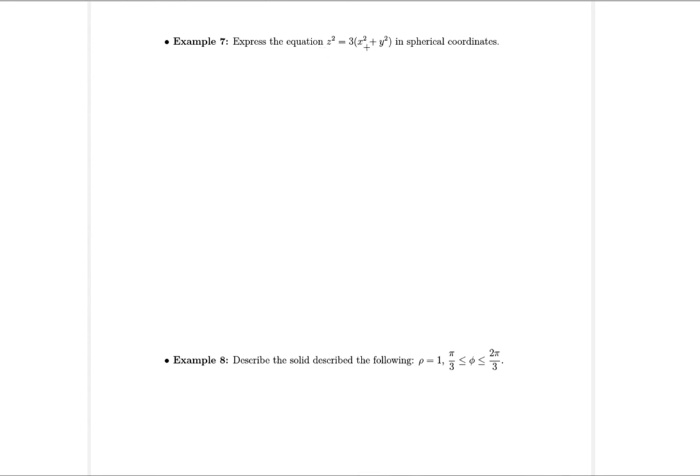To put it into a 3D grapher, just take the square root of both sides, but then do both plus and minus for the 3D grapher. All right, so let's go take a look at that.